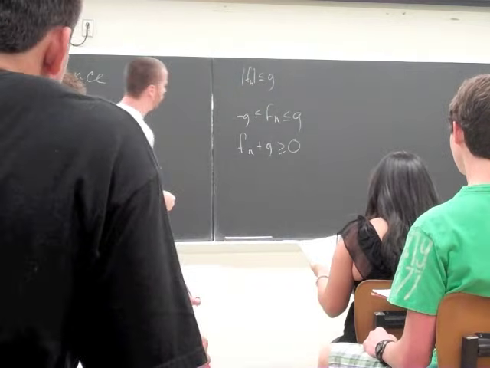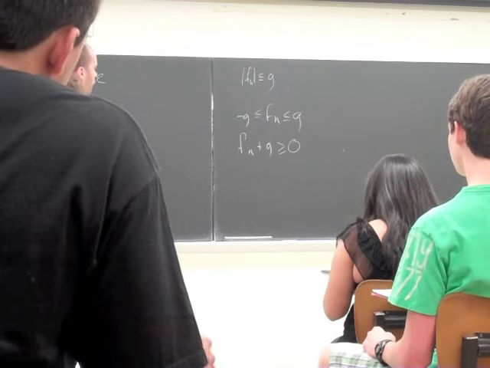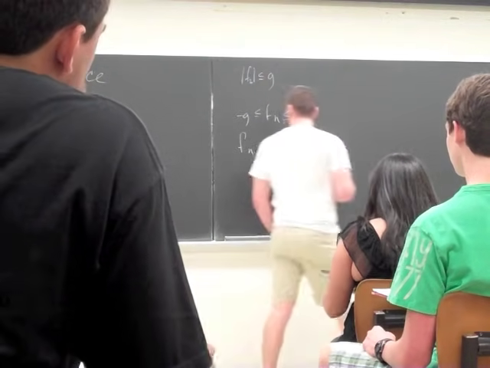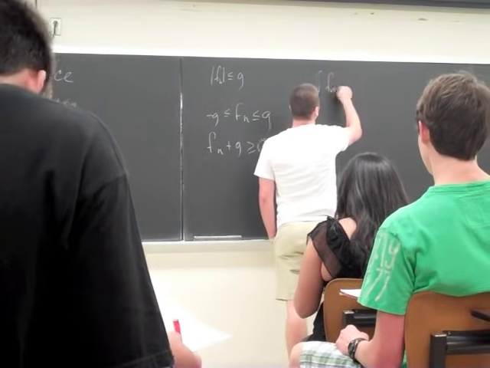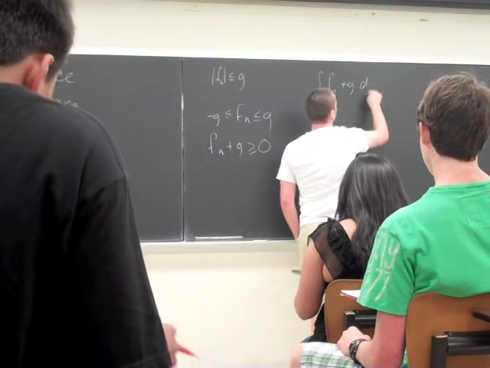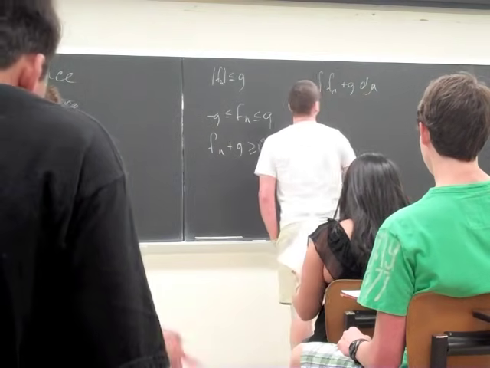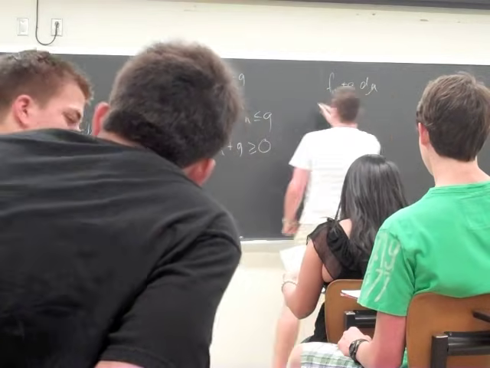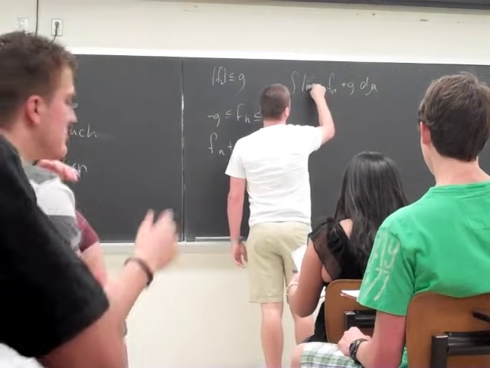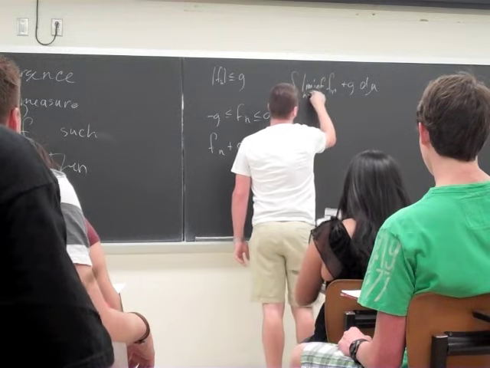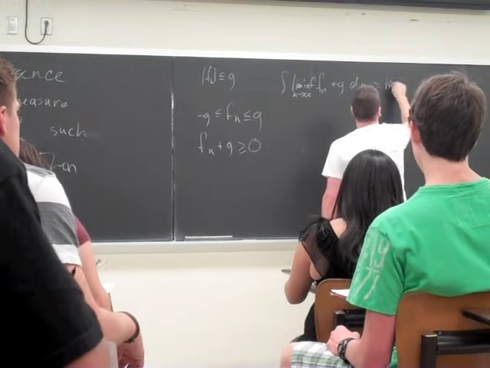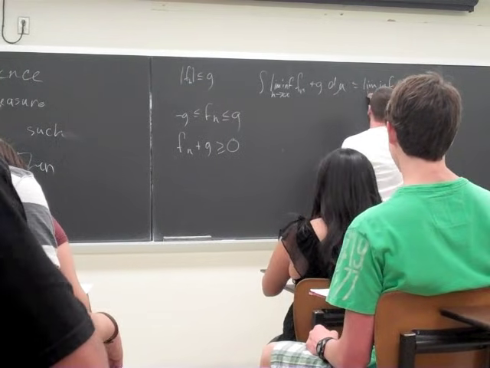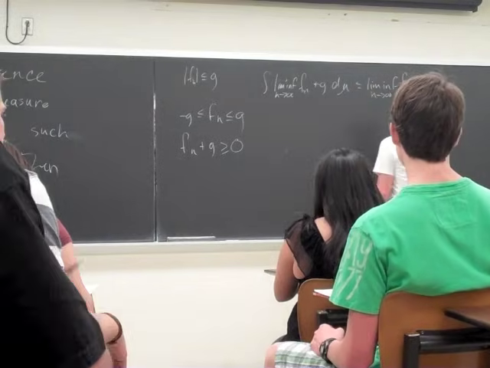This is important because we need the fact that we can use Fatou's lemma. Fatou's lemma tells us that the integral of the limit inferior is less than or equal to the limit inferior of the integrals. And this is the most important step of the entire proof.